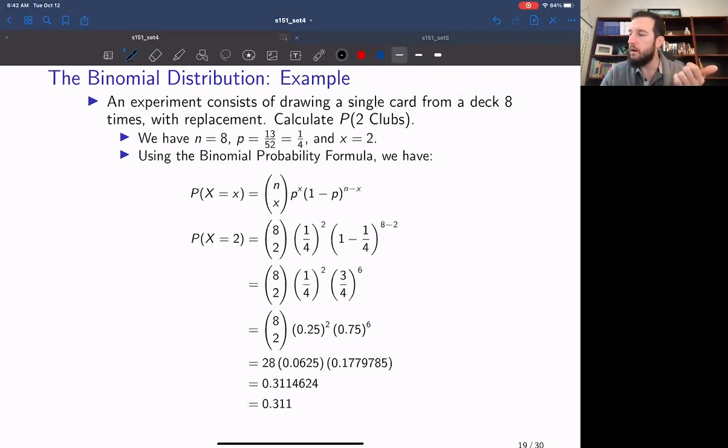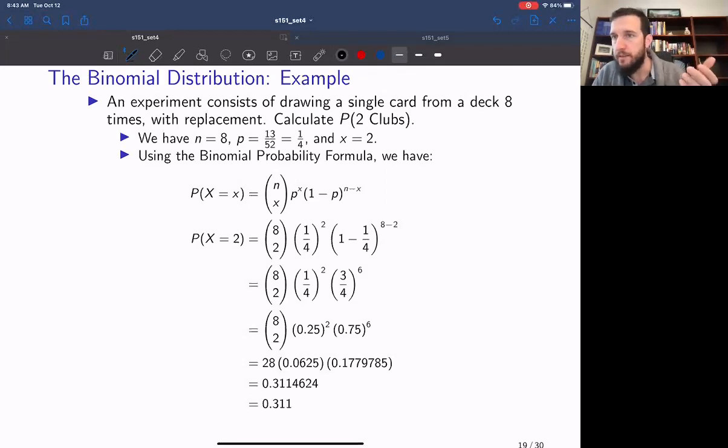Okay, so we are going to draw a card from a standard deck 8 times with replacement, and we want to know the probability of observing 2 clubs. So we're basically saying, let club be a success and let any other type of card be a failure. In this situation, little n is equal to 8 because we have 8 draws from the deck, so we're performing the experiment 8 times.